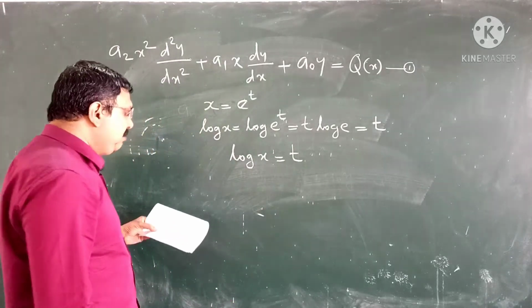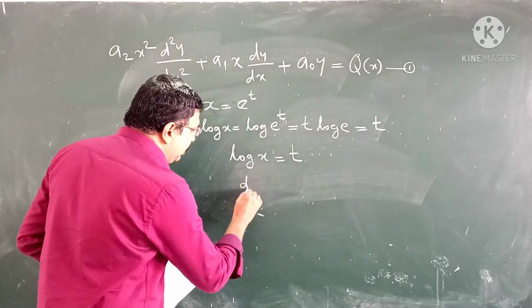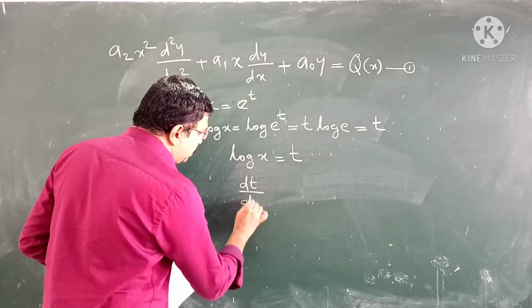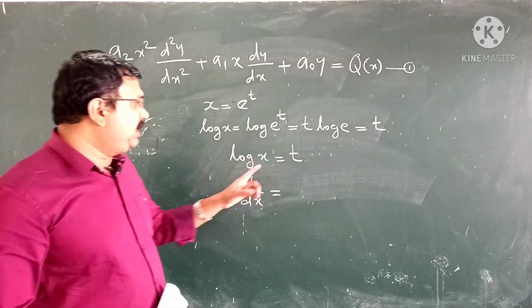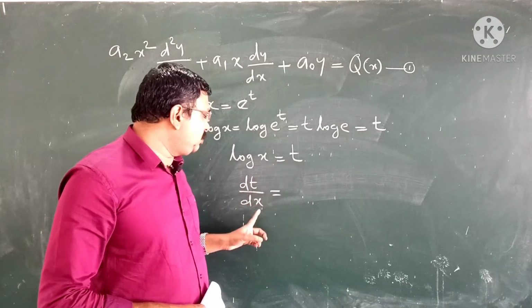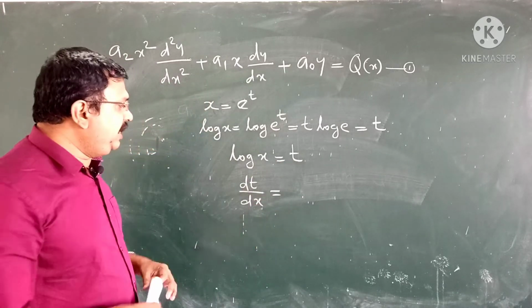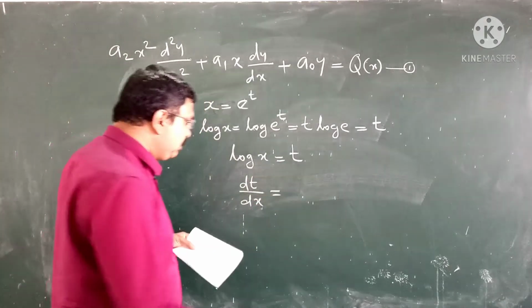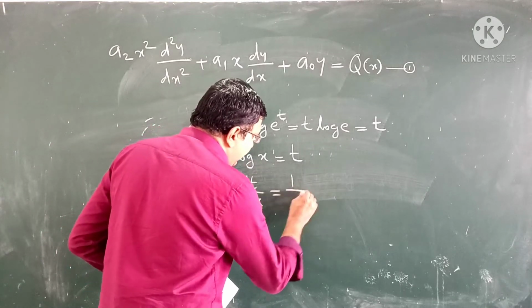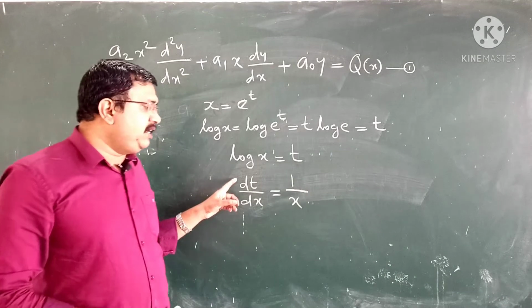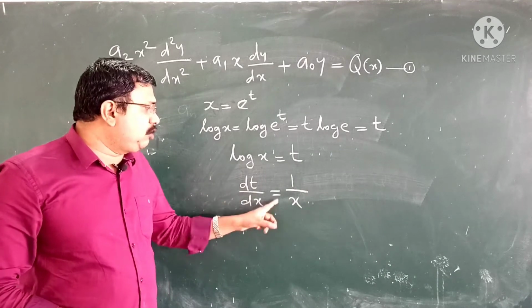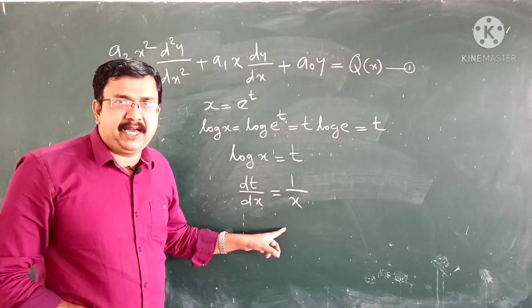Then we can find dt/dx, the derivative of t with respect to x. Since t is equal to log x, we get dt/dx equal to 1/x.